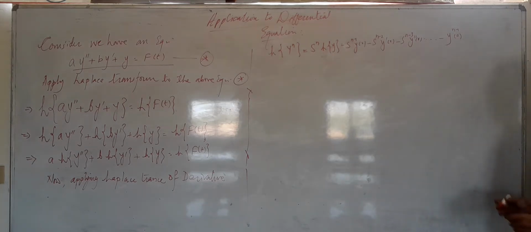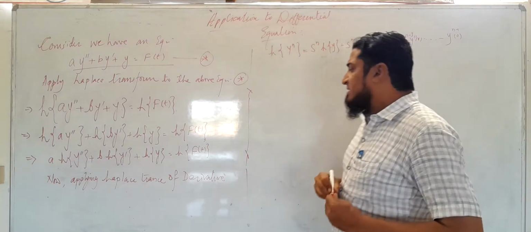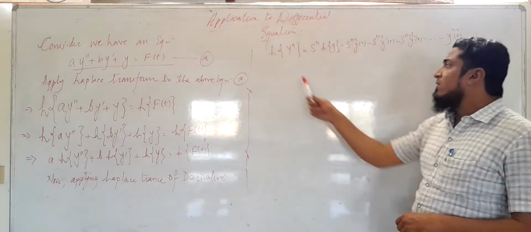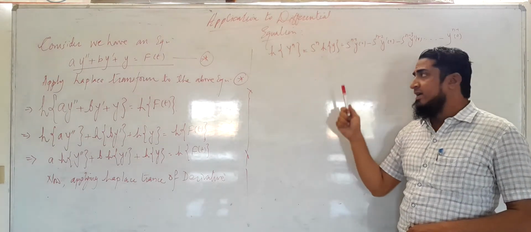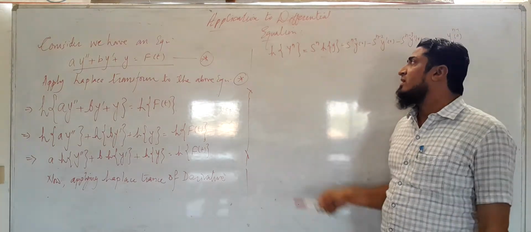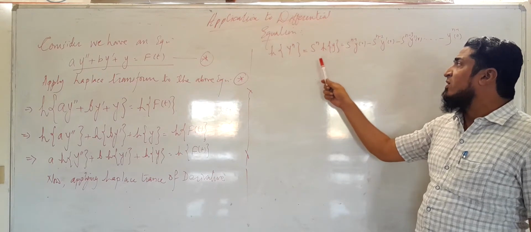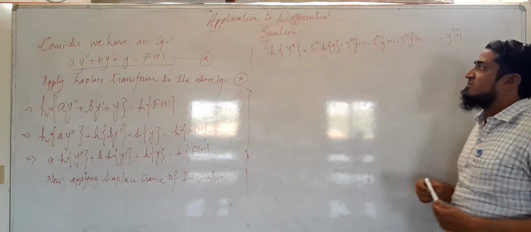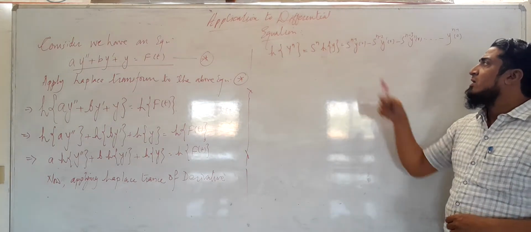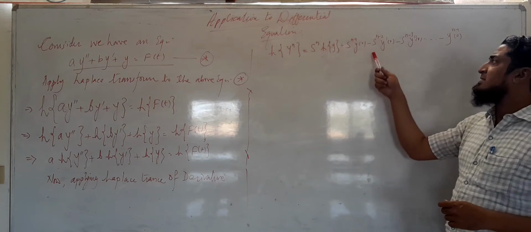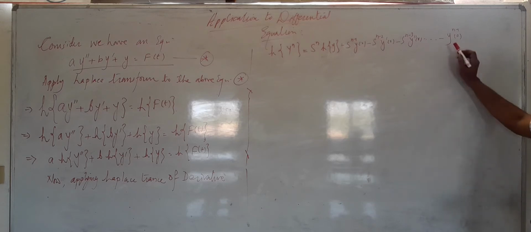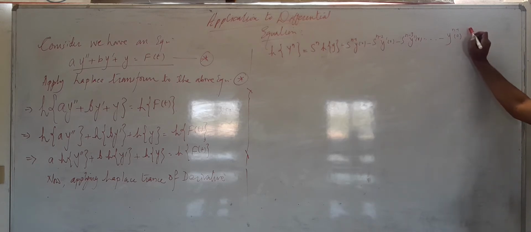We have studied Laplace transform of derivatives in the first chapter, Laplace transform. We have the formula: if we want to find the Laplace transform of a function which has an nth derivative, then we can write it in the form of s raised to n into Laplace transform of y, minus s raised to n minus 1 y of 0, minus s raised to n minus 2 y dash of 0, and in this manner up to minus y raised to n minus 1.